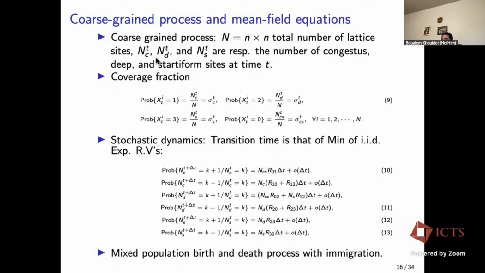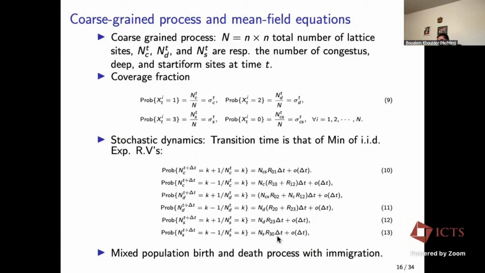grain process. And we can write them directly, especially in the case when we neglect local interactions between neighbors on the sites. And that's really just a counting problem. It's easy.